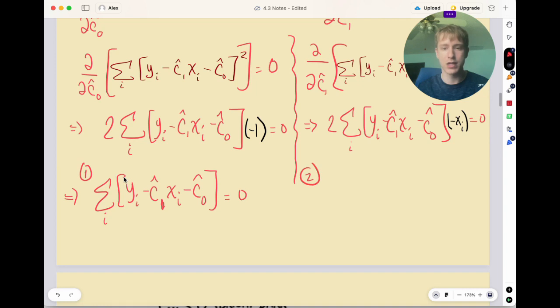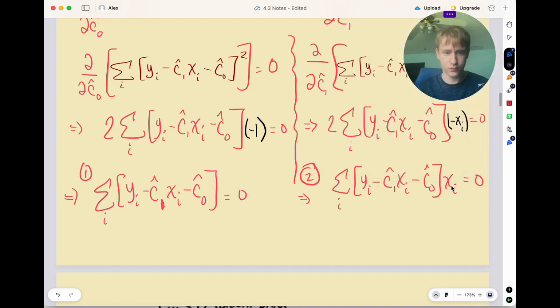And then the second condition, we get that the sum over i of yi minus c1 hat xi minus c0 hat, times x sub i, also has to equal 0.